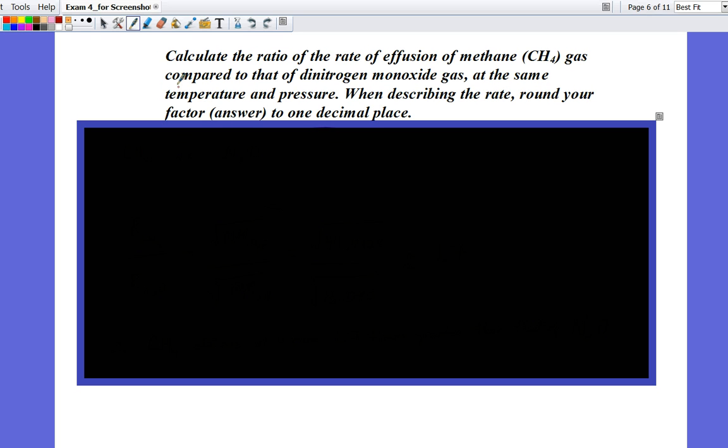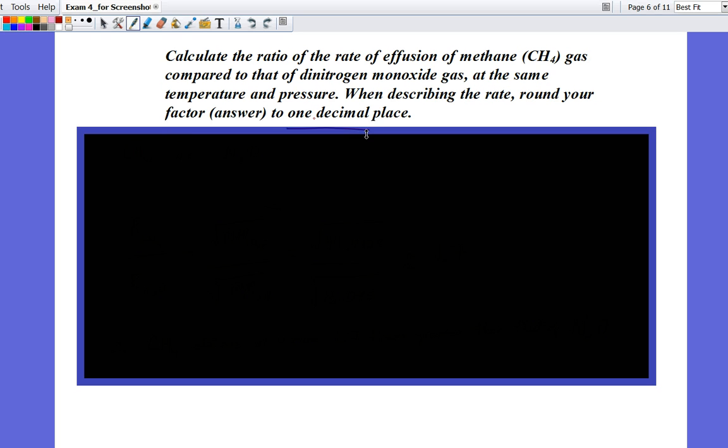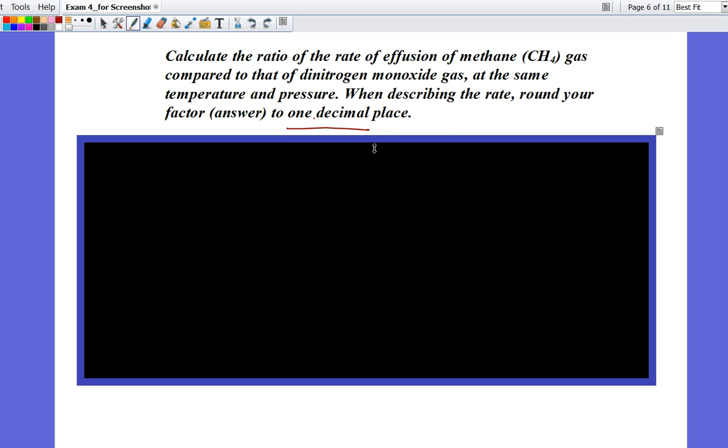On this problem, you had to calculate the ratio of the rate of effusion of methane compared to dinitrogen monoxide under the same temperature and pressure conditions. And then when describing the rate, round your answer to 1 decimal place. That's important for this problem.